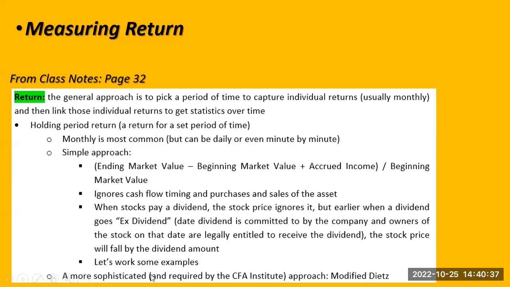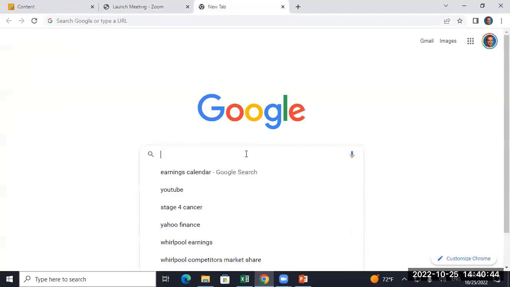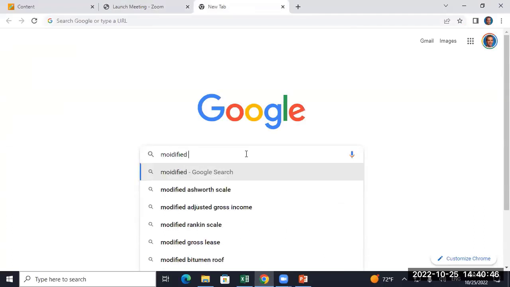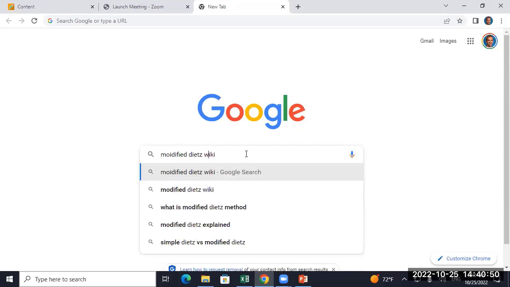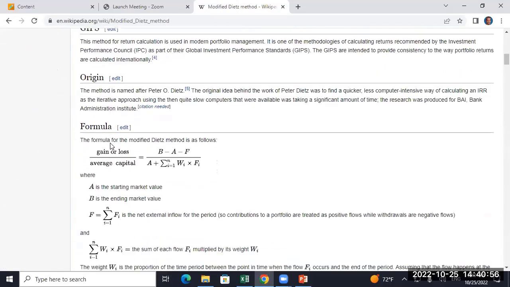All right, so the modified Dietz, you can go out there and look at modified Dietz. It's out there on Wikipedia. If I can spell modified, and they'll give you the formula. It looks real similar to our formula.